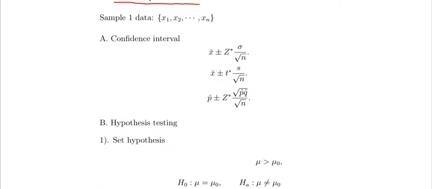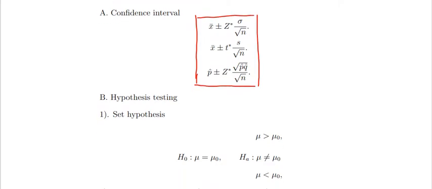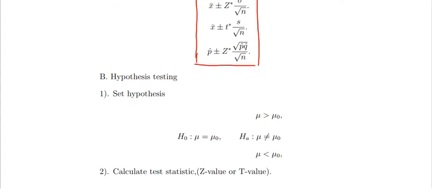By now you understand, so applying the formula is easy, right? A slightly confusing thing is this z star and t star, and hypothesis testing is also like this: you should know whether to check the t table or the z table, right?